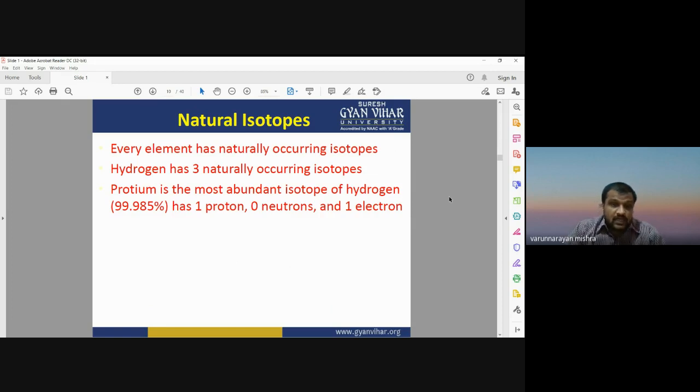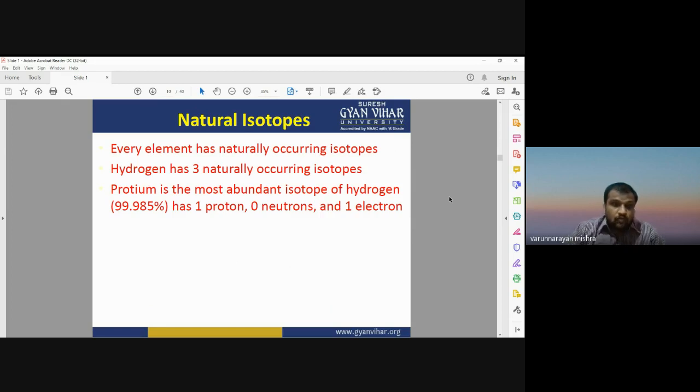Hydrogen has 3 natural isotopes. Protium is the most abundant isotope of hydrogen, with 1 proton, 0 neutrons and 1 electron.